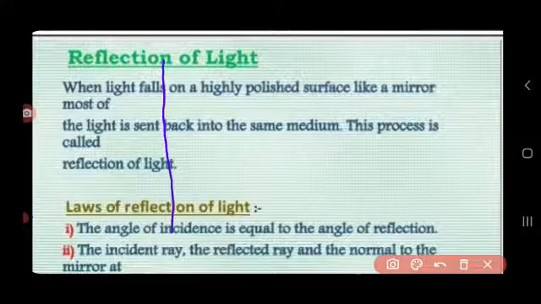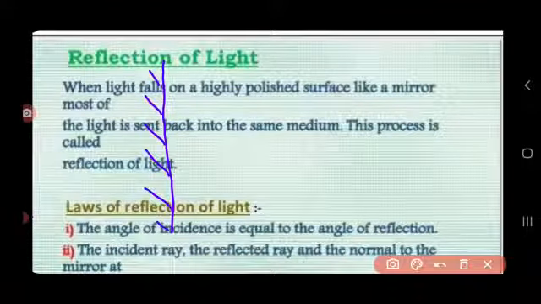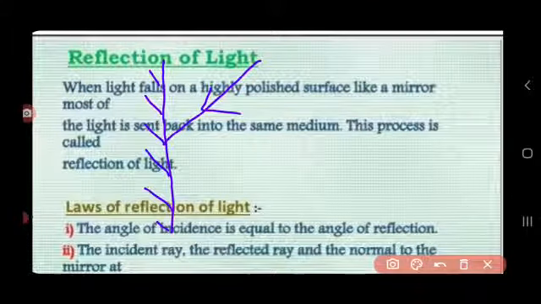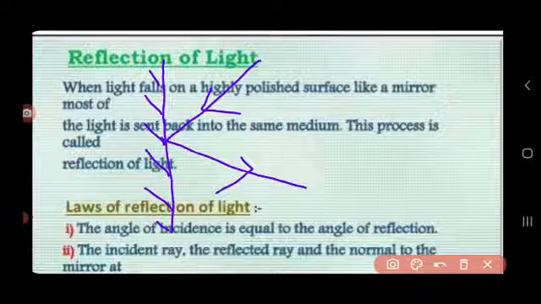See, the light ray which falls on the surface is called incident ray, and light ray which is returned back is considered as a reflected ray.